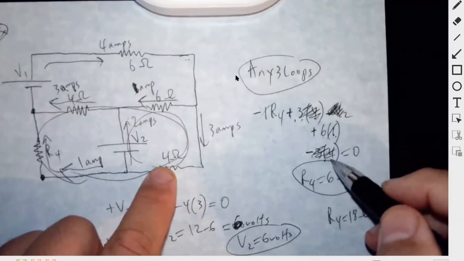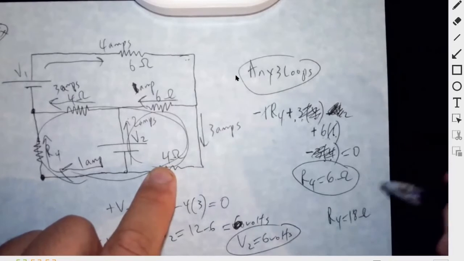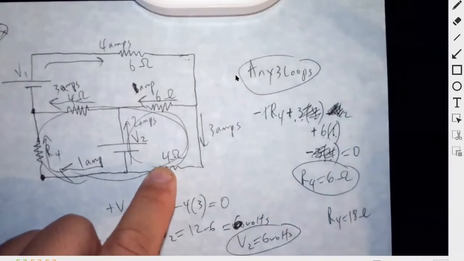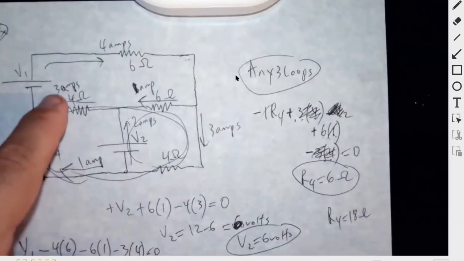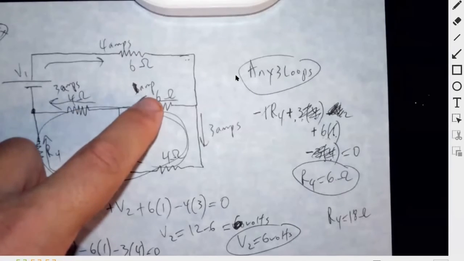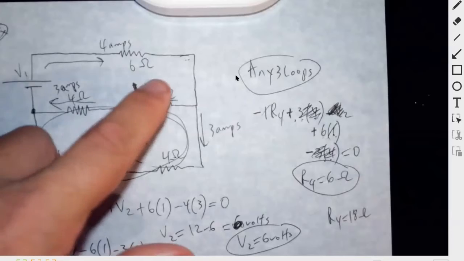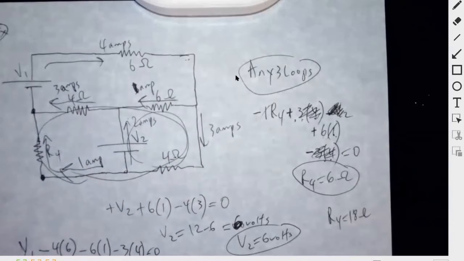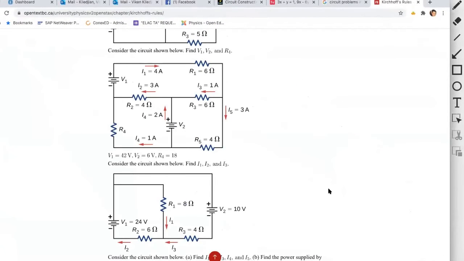R4 is 6. They're saying R4 is 18. Let's see. 12, 6, and you lose. Hold on. That doesn't work. Are they wrong, maybe? This is 18. No, because it should be 18. Oh, it should be 18?